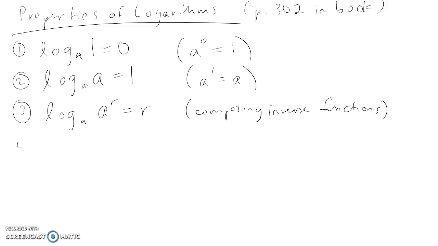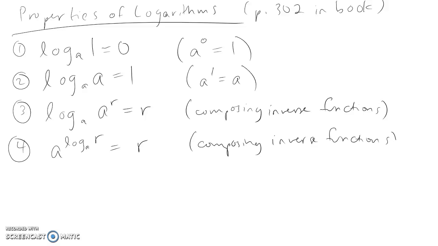The fourth property is composing the other way. If we take a to the log base a of r, we're also going to get r back. So this is composing inverse functions in the other direction. Notice we're taking a logarithm and plugging it into a to the x, and so we get that r back.